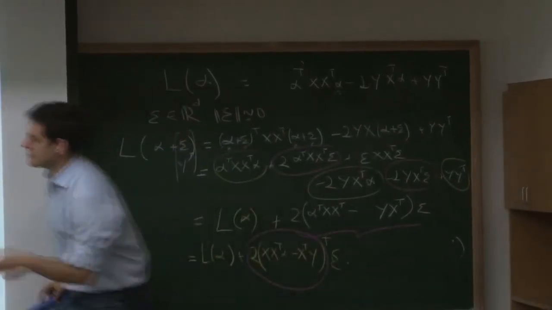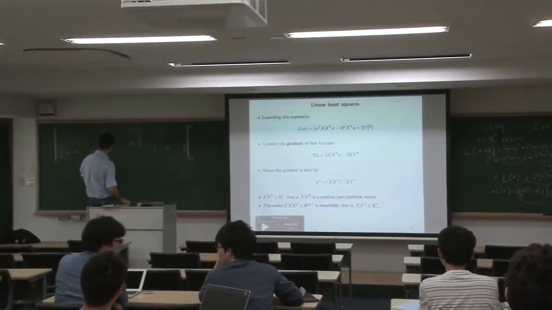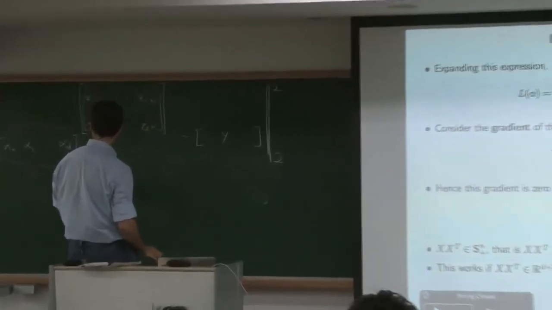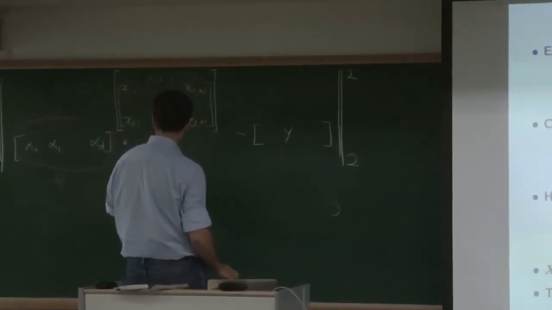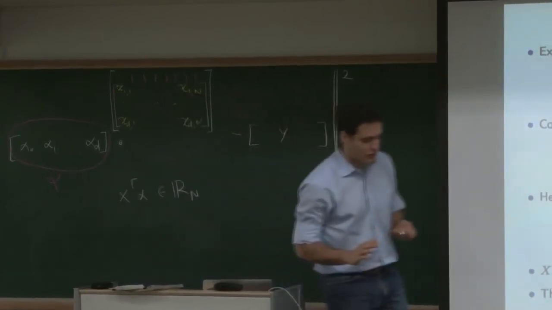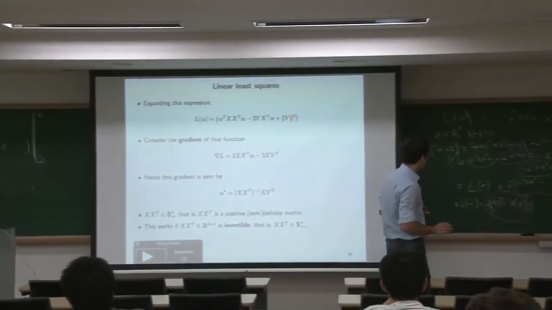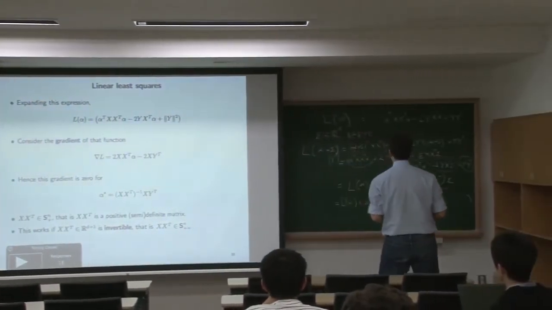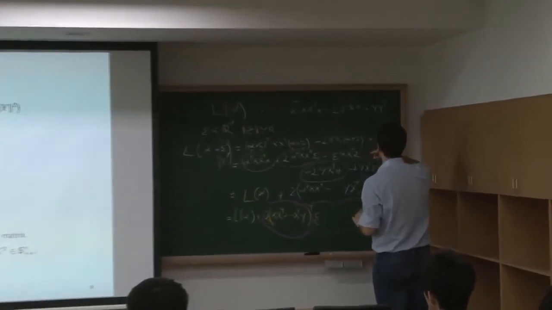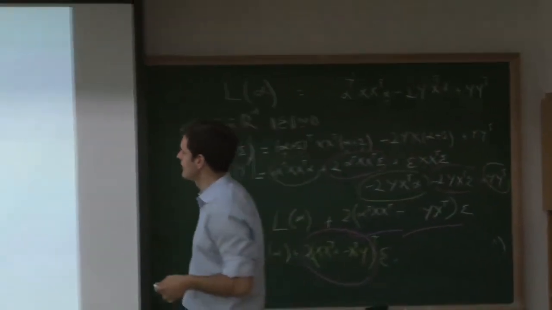So I'm running short of space here. It's somewhere a very stupid mistake, I think. X transpose alpha belongs to R^n. So that's okay. X transpose alpha belongs to R^n. And so y here, okay. And no, that's okay. So maybe I made a mistake here.